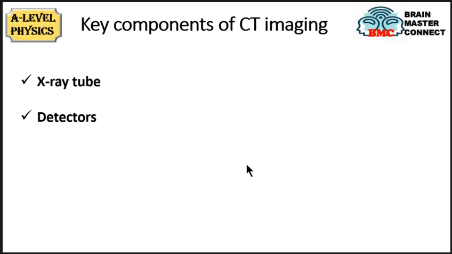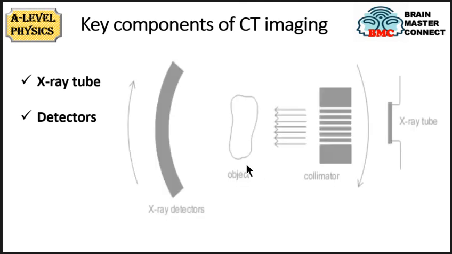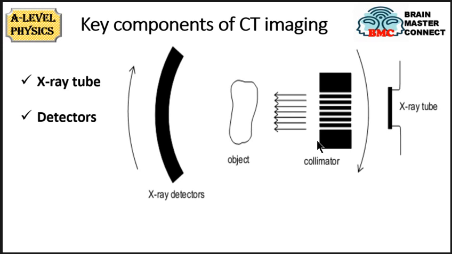Let's quickly see a diagram to show this. Here I have a skeletal diagram to show the inner structure of a CT imaging. Here is the X-ray tube, and here I have the X-ray detector. Here I have the X-ray beam coming from the X-ray tube. Here I have the collimator.